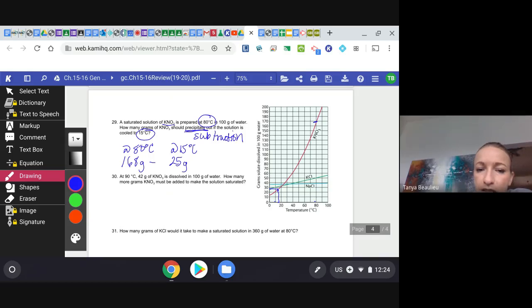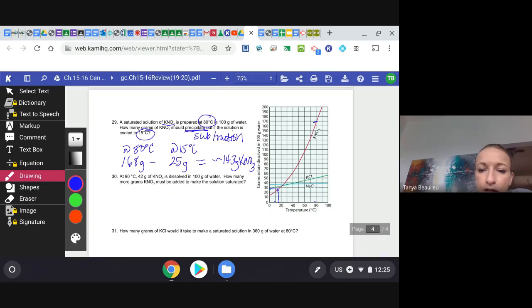So 168 grams minus 25 grams there comes out to approximately be 143 grams of potassium nitrate. So keyword was precipitate, which means subtraction problem. You figure out your solubilities at those two temperatures, subtract them. That's how much is going to precipitate back out of solution.